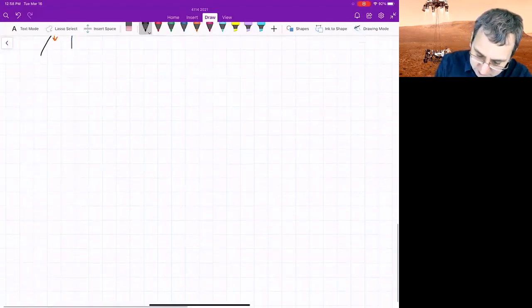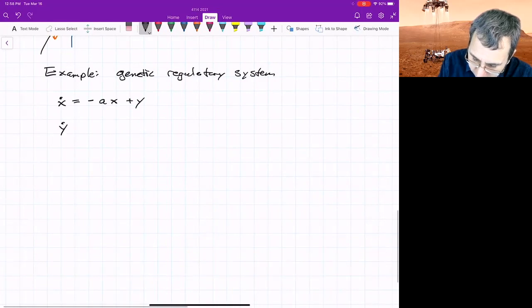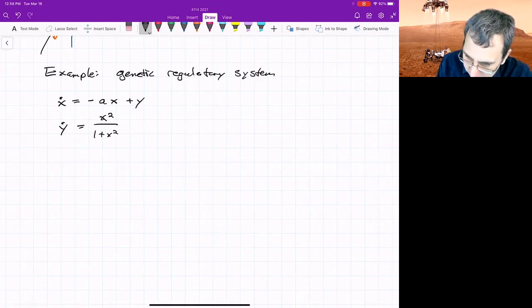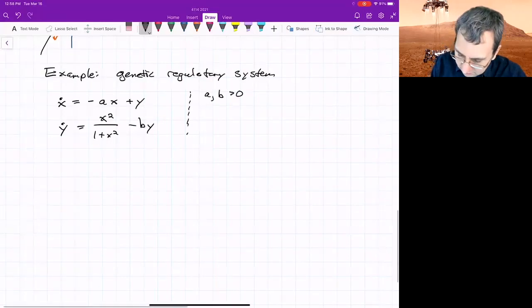But here's the example, in dimensionless form. It'll look like this: x dot equals negative ax plus y, y dot equals x squared over 1 plus x squared minus by, where a and b are both positive constants.